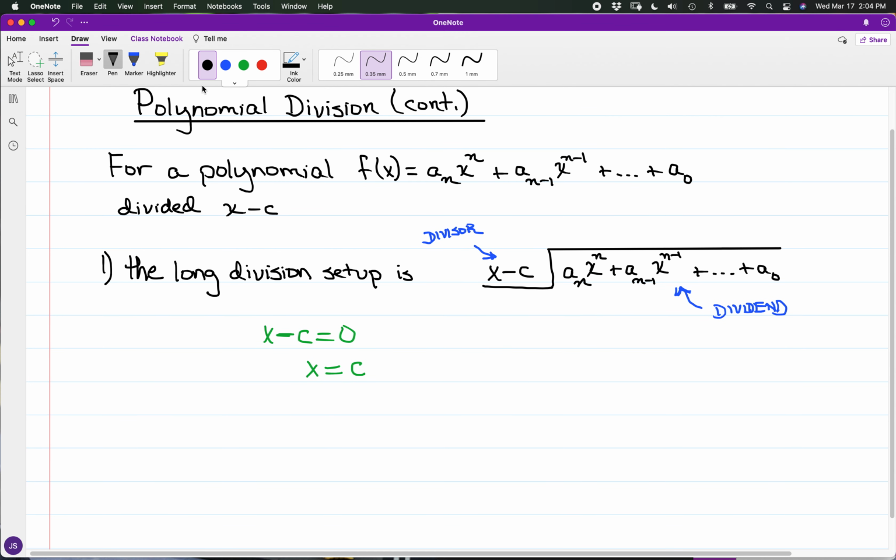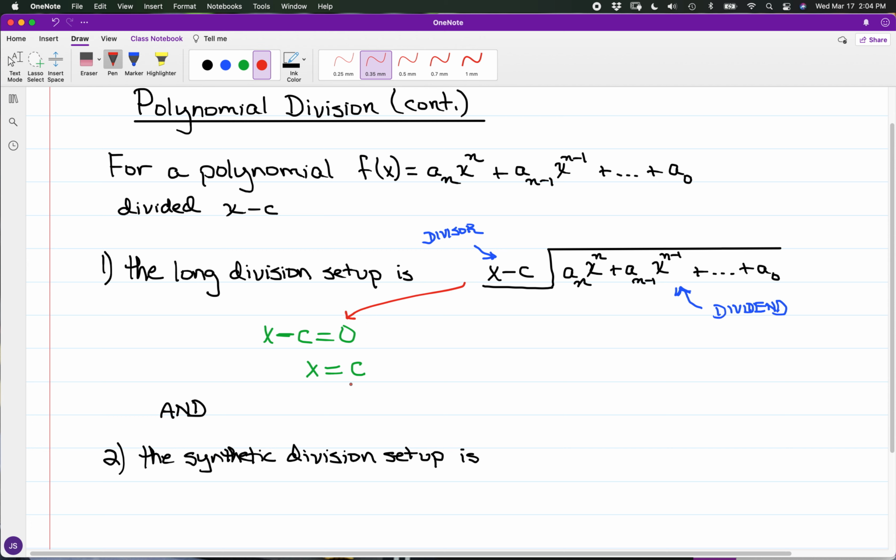And for the synthetic division setup, just kind of taking the route here, so converting the binomial factor to the 0. So we have x minus c.